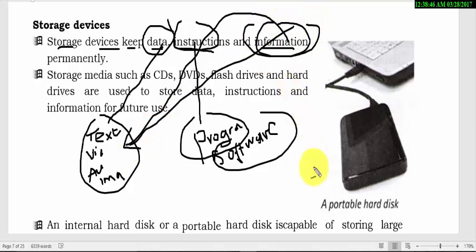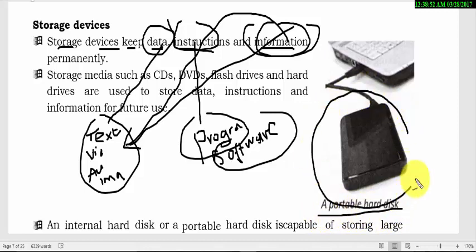Thank you very much. So now listen. Look at the picture here. This is the picture of a portable hard drive, like what I showed you in the pictures there. Portable means that it is an external storage media. Please, you need to understand this one, children or students. This is what we call secondary storage media.